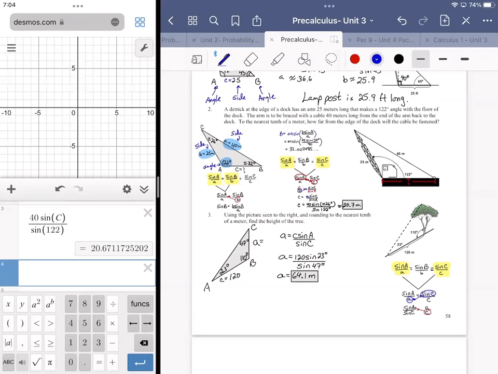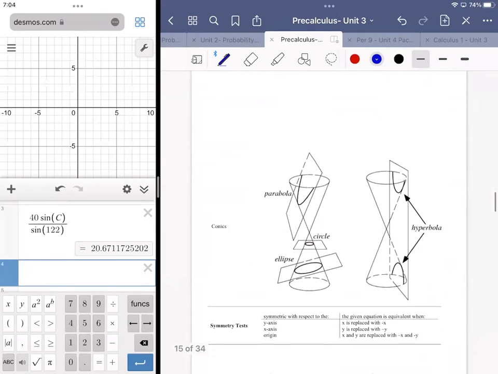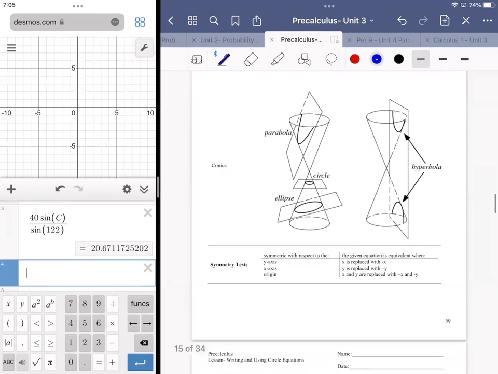But they really should be represented in terms of things like sines and cosines, right? But we got to start somewhere. And so we're going to go into the world of conic sections.